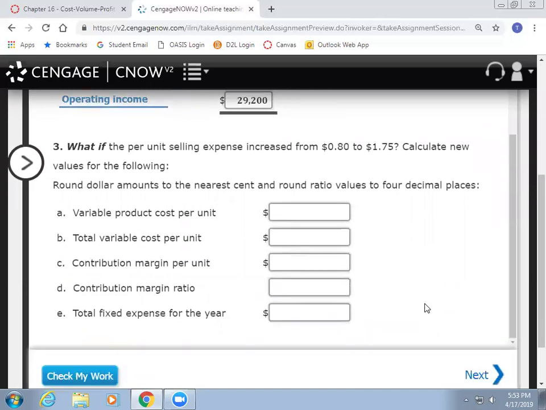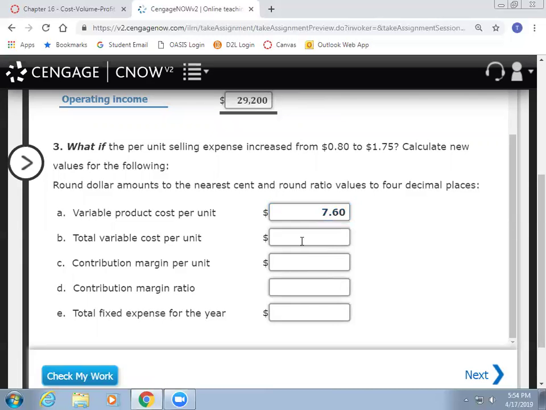What if the per unit variable selling expense increased from 80 cents to $1.75? We want to calculate our new costs. Would our variable product cost per unit change? No, it would still be $7.60 because it doesn't have a selling expense in it.